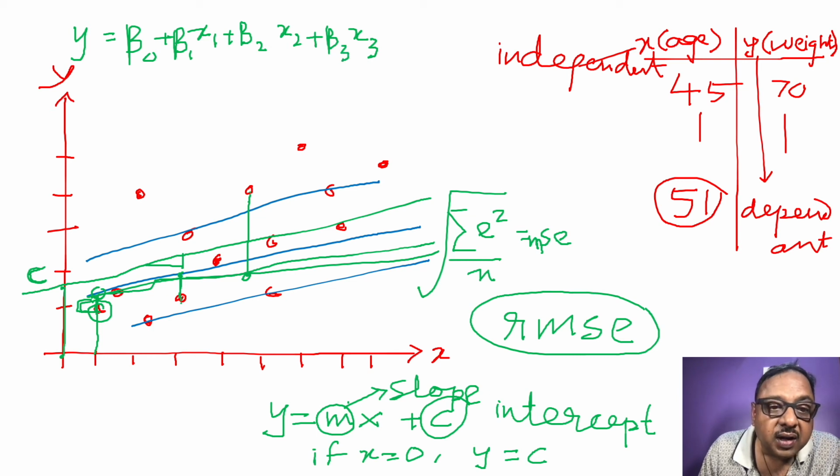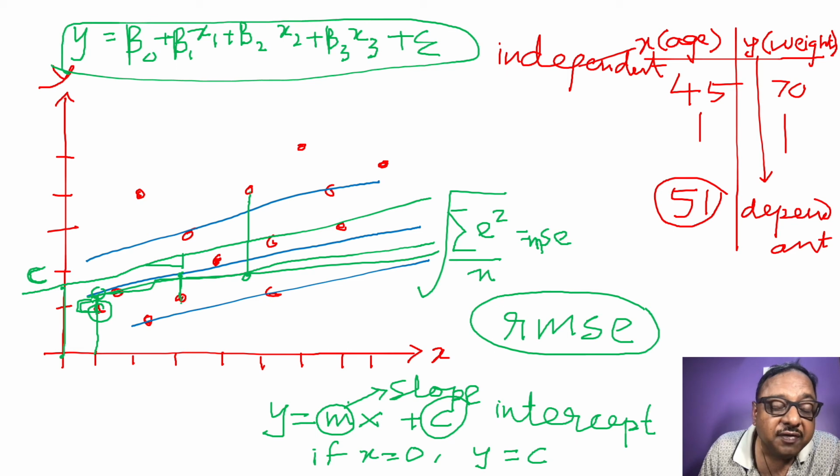Now for every linear regression equation, we will always have a small term which is known as the error term. We normally represent it by epsilon. So this becomes my equation of the linear regression. If I am able to get this equation, then I can put in the values of x1, x2, x3, and I can expect to get a value of y.